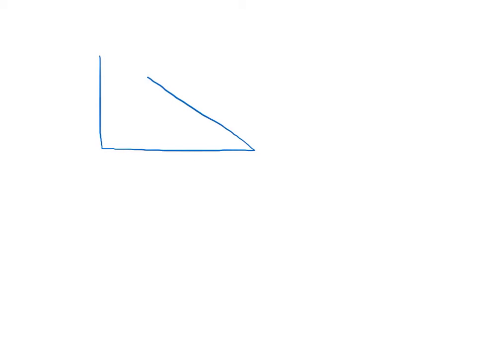Alright, here's another interesting fact about triangles. I'm going to say this is 90. Say this is 30, and this is 60. And we want to talk about the length of the sides, so I'm going to name this A, B, and C. And so I'm going to ask you, which angle is the largest angle?